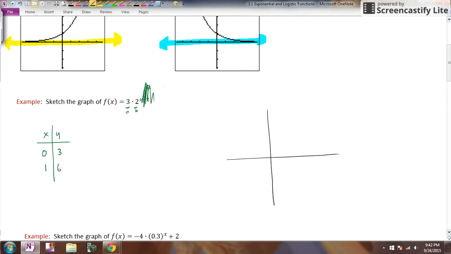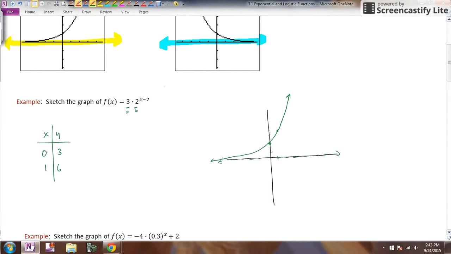The original non-shifted graph would have its asymptote right here, and then it would go through the point (0, 3) and through the point (1, 6). 3, 4, 5, 6. So it would go like that. It's going to start here, then go through those 2 points and out of here. Now just move each point right 2 units.